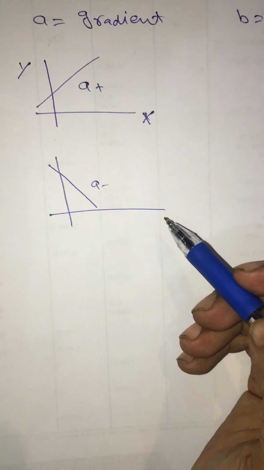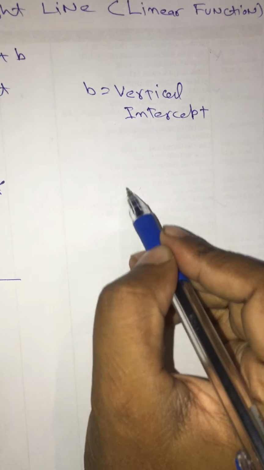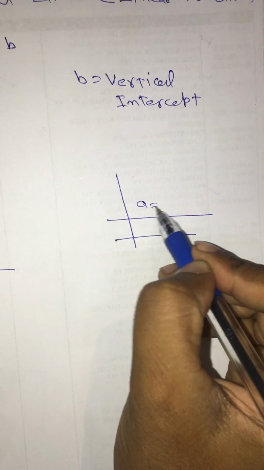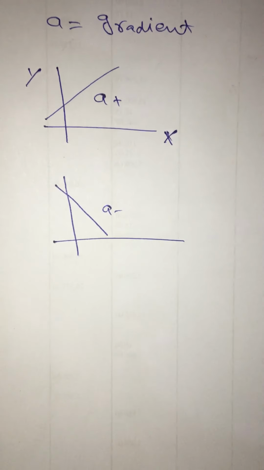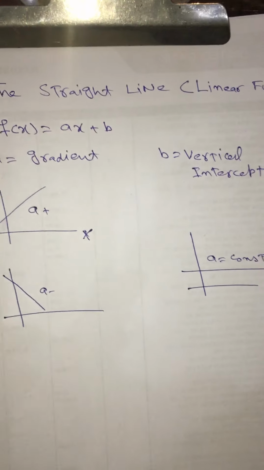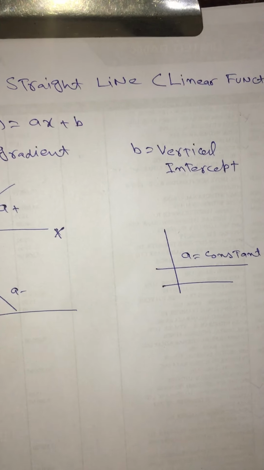And if a is constant, then your graph will be a simple straight line. Now we'll further talk about the straight line and its different properties and functions.